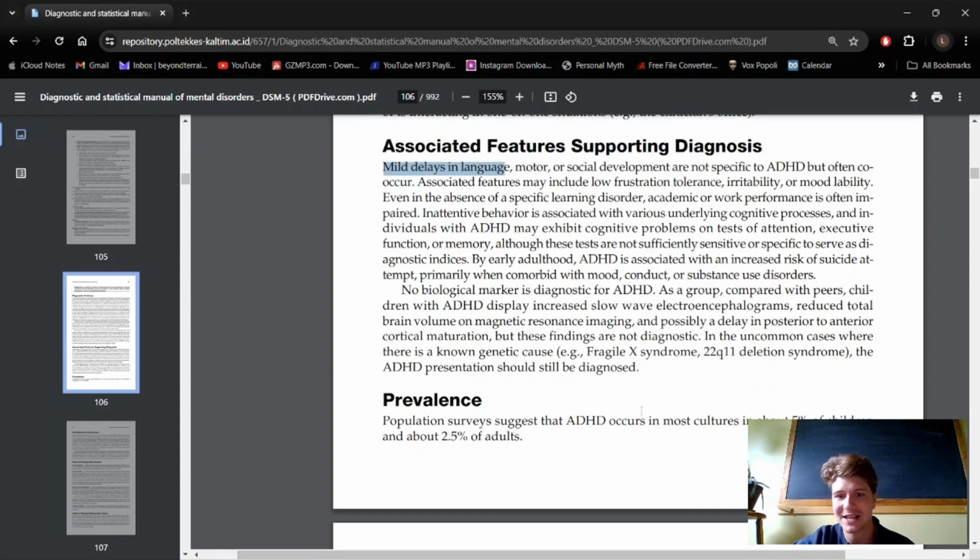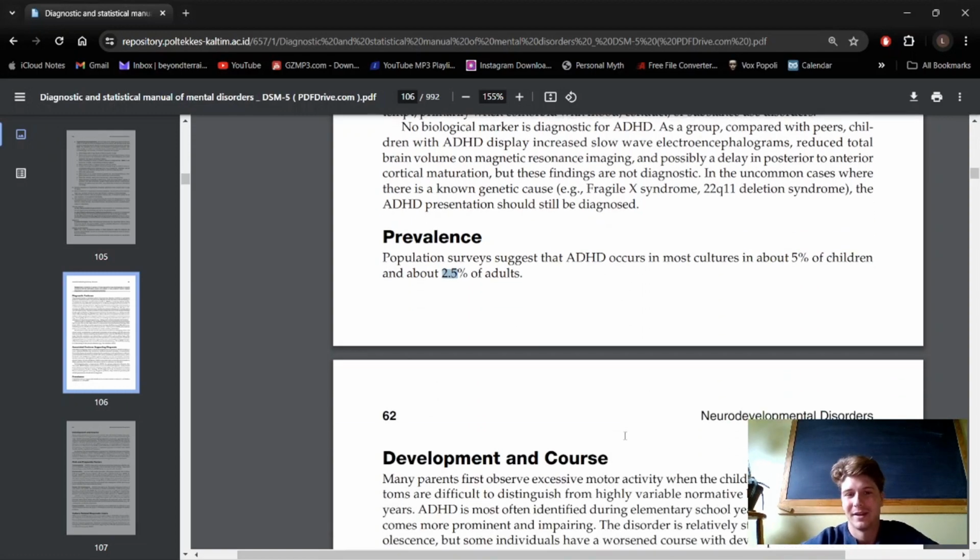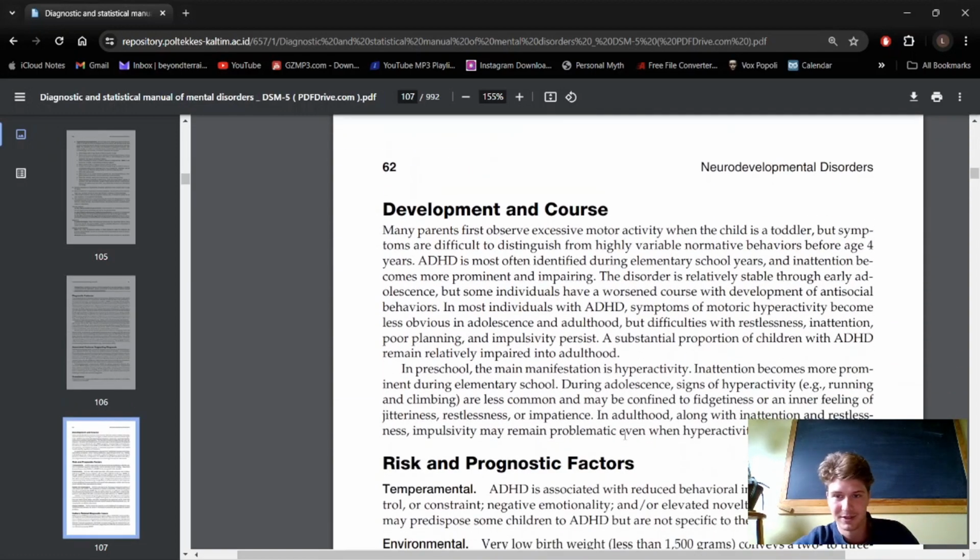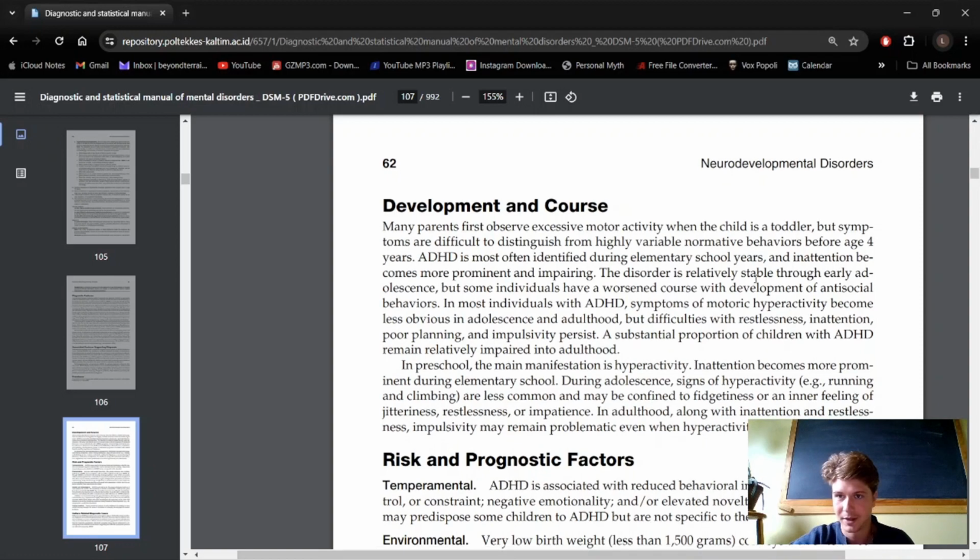The prevalence suggests that ADHD in most cultures is about 5% of children and 2.5% of adults, which is very interesting, because based on these numbers, it seems that kids grow out of ADHD. Interesting. Should we medicate that, or is it just a part of their development? Or is it a neurodevelopmental disorder?